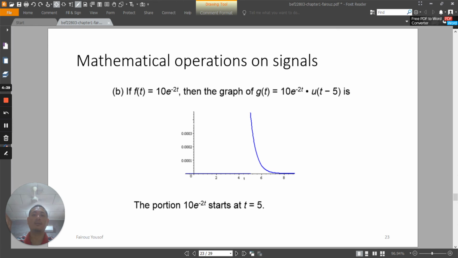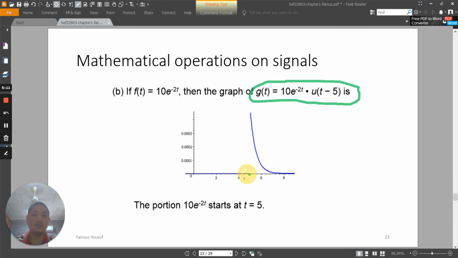Next we have g(t) equals 10 exponential negative 2t multiplied with u(t minus 5). Straightforward, from that we know it is a shifted unit step function, meaning that before 5 it is 0, after 5 it is whatever it is multiplied with.